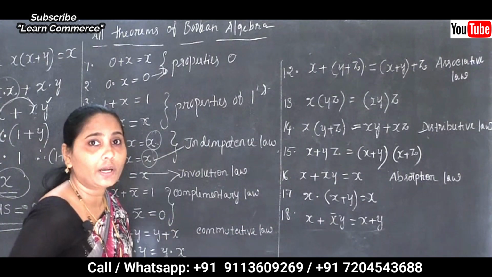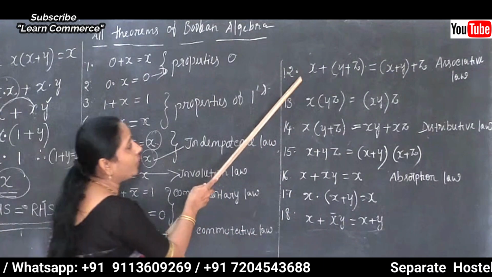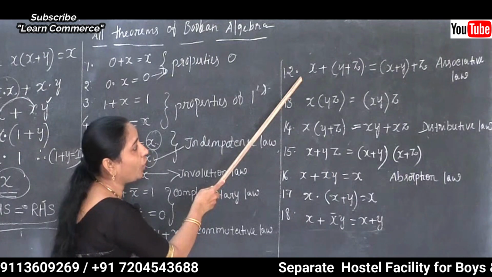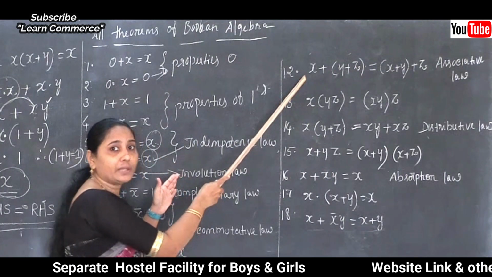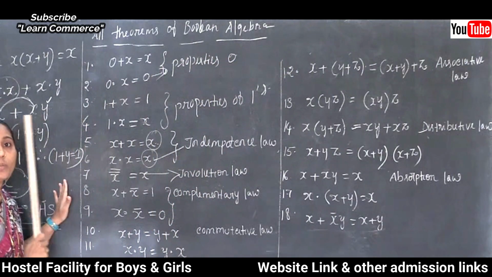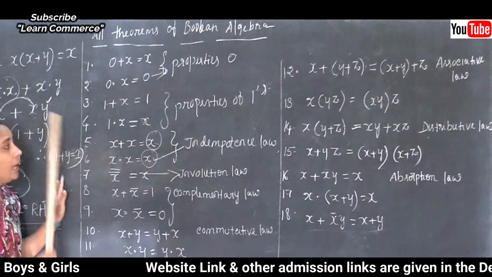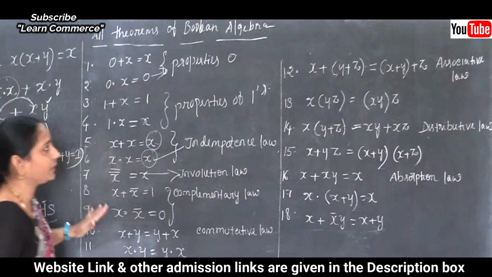After completing the commutative law, now let's talk about the associative law. We already proved each of these, but we are going to see how many Boolean algebra theorems there are in this table. Clear this point here?